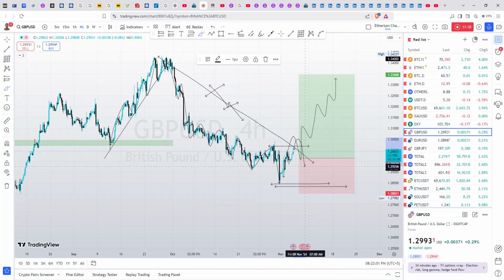Once this area is broken, we will take our precautions and mark a good area, somewhere out here. I'm not sure, as I don't know the entry point yet. So our sell will be according to the entry points. I'm just leaving this chart for now and going to erase all the rough drawings.